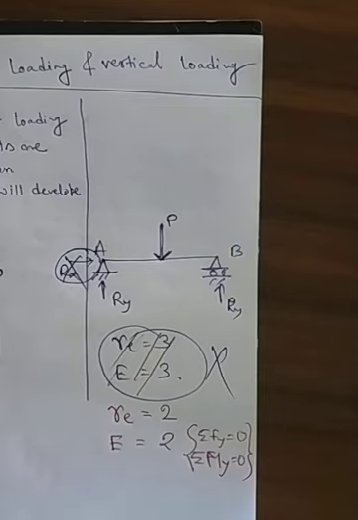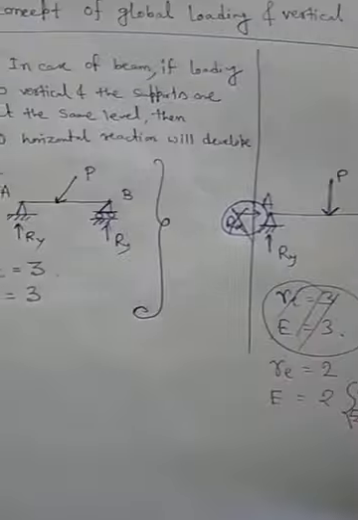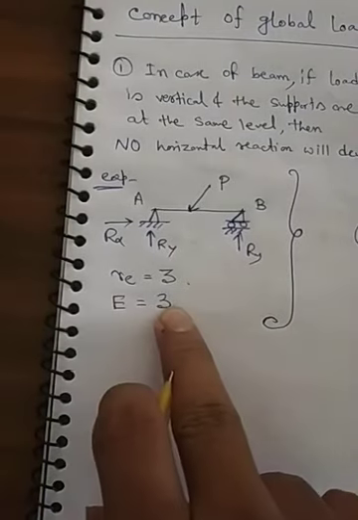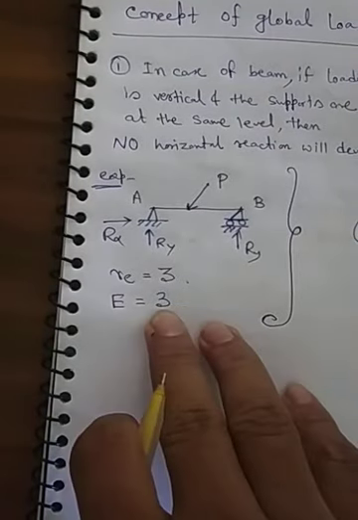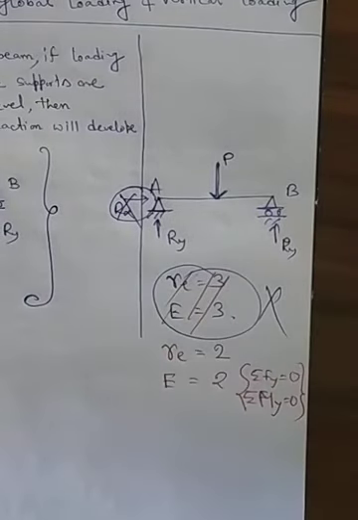So in this case the number of support reactions is 2 and equilibrium equations is 2 also. So you can see the differences between if we allow inclined force and if we allow vertical forces.